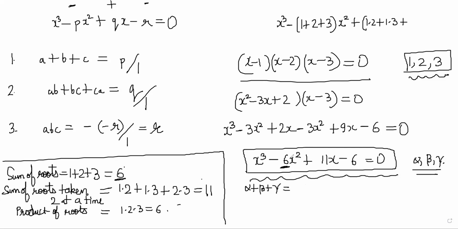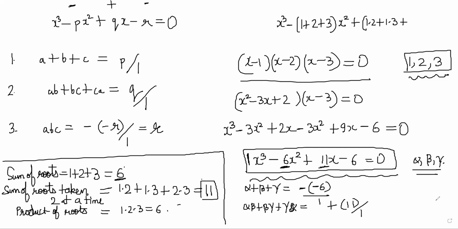This coefficient is minus 6. So you have to put a minus sign by 1, which is this coefficient. Yeah. And second coefficient, when you do alpha beta plus beta gamma plus gamma alpha, this coefficient is plus 11 only. And the answer is also plus 11, right? Yes. So you have to put a plus sign, 11 by 1.